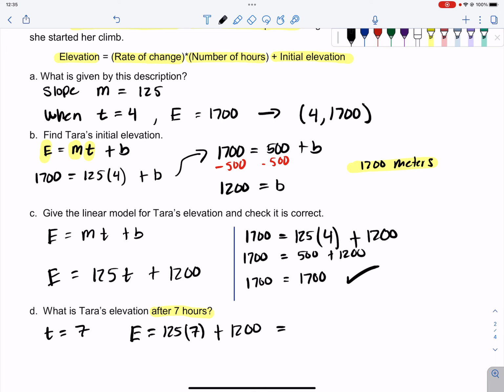So that gives us 875 plus 1,200, which is then 2,075 meters. So after 7 hours, we would expect her elevation to be 2,075 meters.